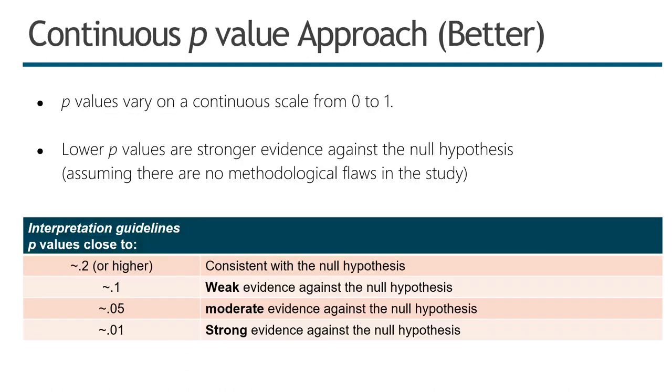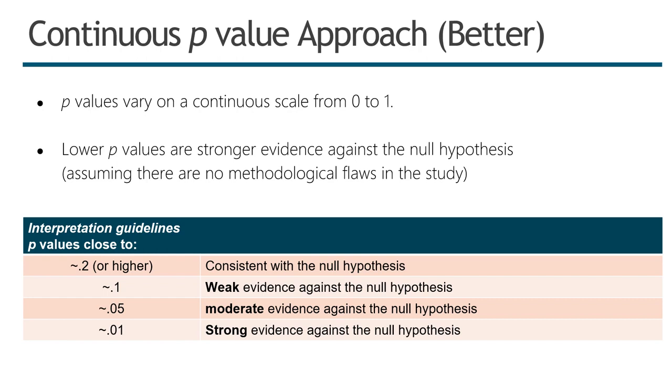Now that we've identified some of the problems with the threshold or cutoff approach to interpreting p-values, let's consider another option. As we learned, p-values can vary along a continuous scale from 0 to 1. So rather than dichotomizing a p-value and categorizing it as significant or non-significant, let's actually interpret the p-value as it is.